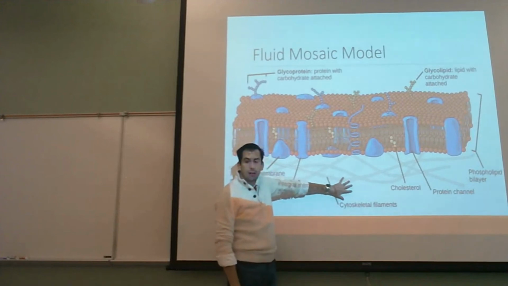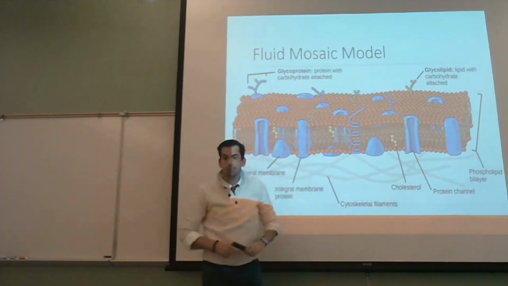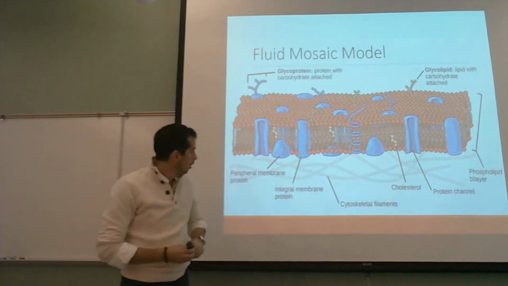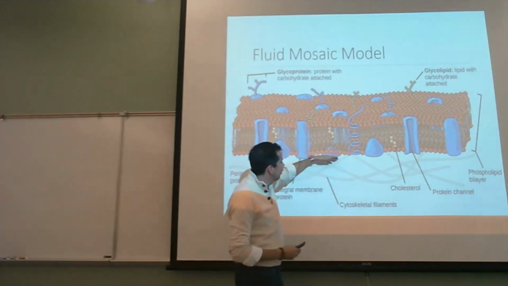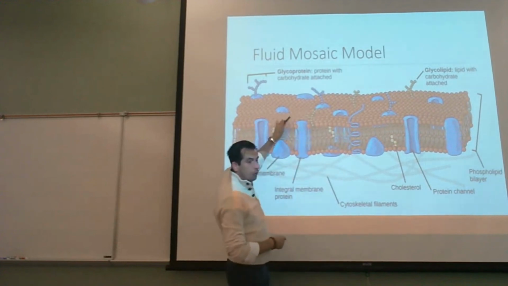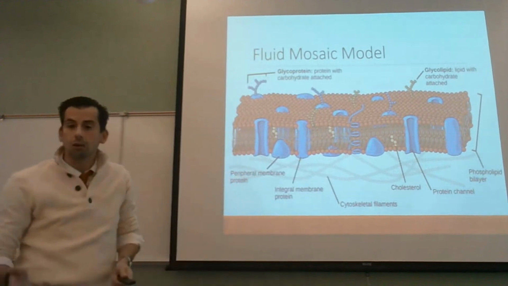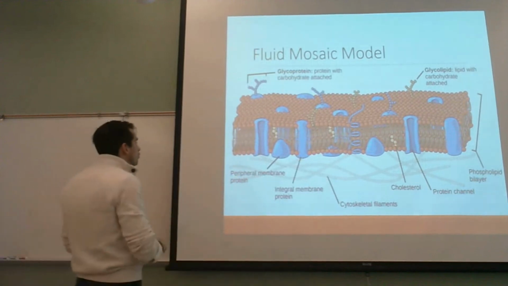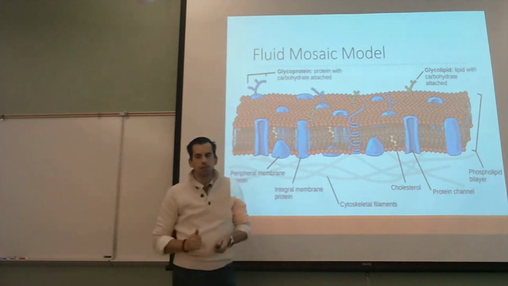You have fluid inside the cell, water inside the cell. You have water outside the cell. You've got a layer of phospholipid hydrophilic heads facing internally. You've got a layer of hydrophilic heads facing externally. So just like the micelle, the only parts of the phospholipid that have to interact directly with the water are the heads.